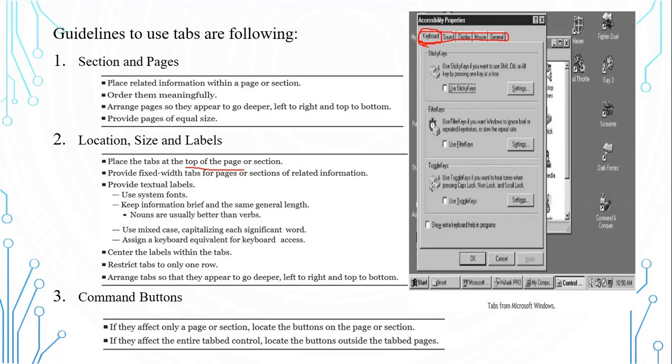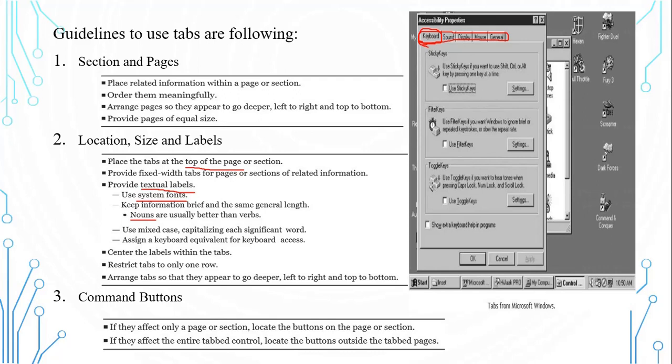Provide textual labels so the user can understand. He has to understand what action he is going to do, so you have to represent all the tabs with textual labels. Use the system fonts. Similar fonts have to be used, and keep the information brief and of the same general length. Nouns are better to use than verbs.